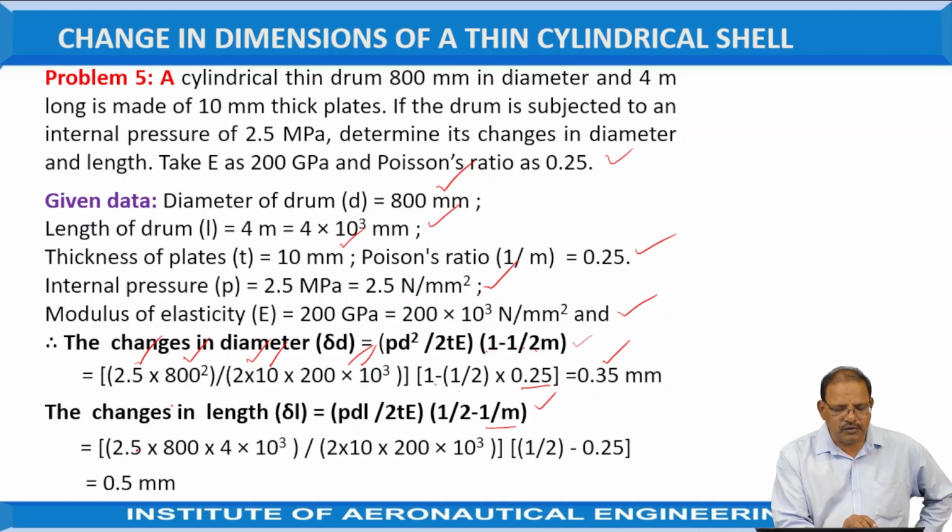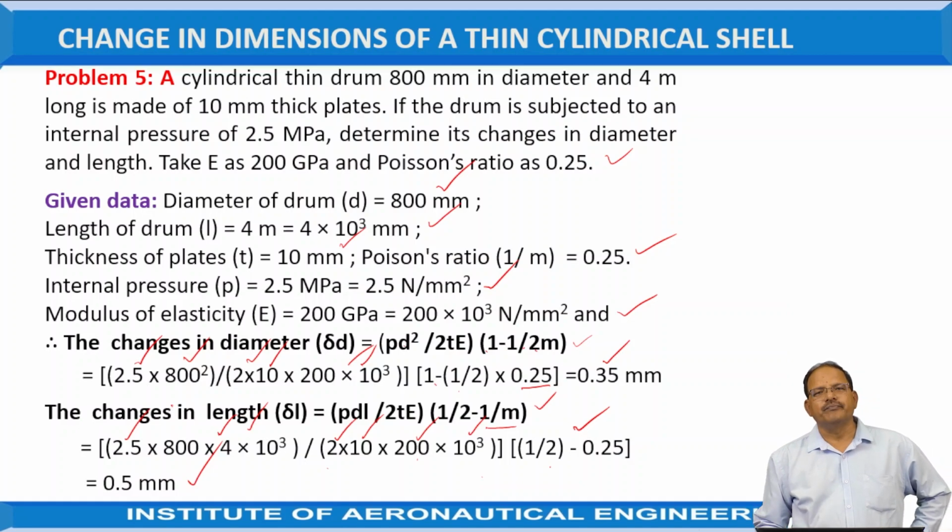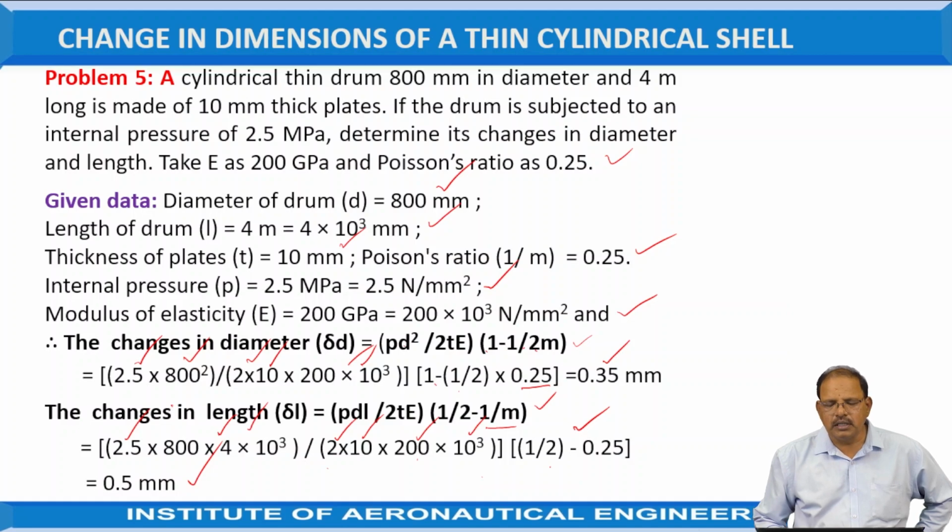Here P is 2.5, D is 800, L is 4 meters, that is 4 into 10 to the power of 3, divided by 2T, E is 200 gigapascal, which is 200 into 10 to the power of 3, and 1 by 2 minus 1 by m with 1 by m equal to 0.25. Using this relation, we got this value as 0.5 mm. So because of this pressure, the diameter increases by 0.35 mm and the length by 0.5 mm.